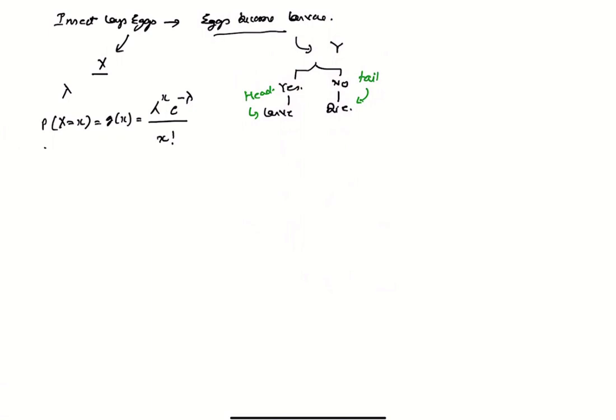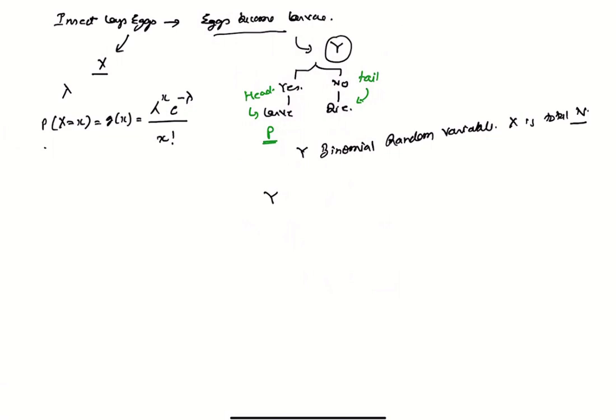Let p be the probability that it will produce a larva, then Y is a binomial random variable where X is the total n.